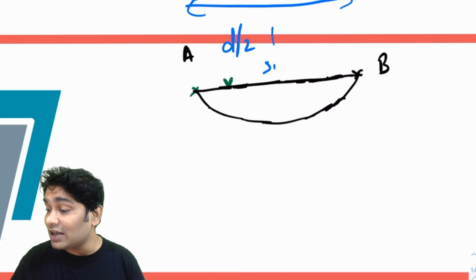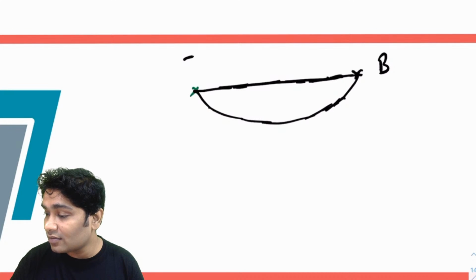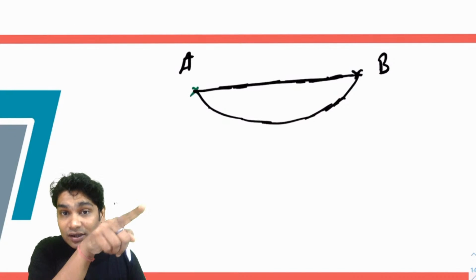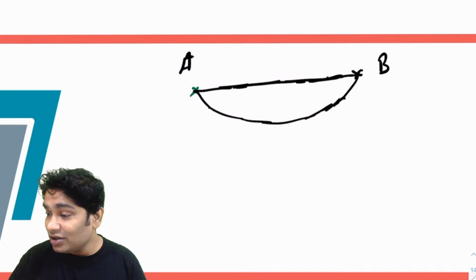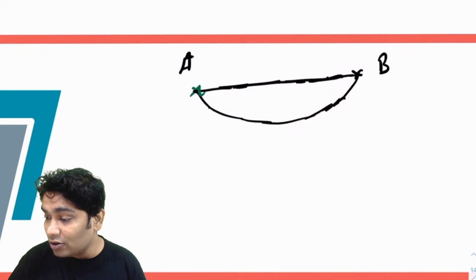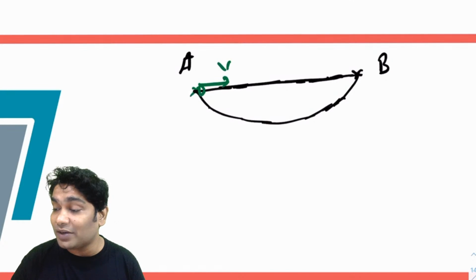So the situation that has been told to you is: this is your point A, this is your point B, connected by two wires, one horizontal wire and another, a curved wire like this. So one bead here is launched from point A along the horizontal wire with an initial speed v.